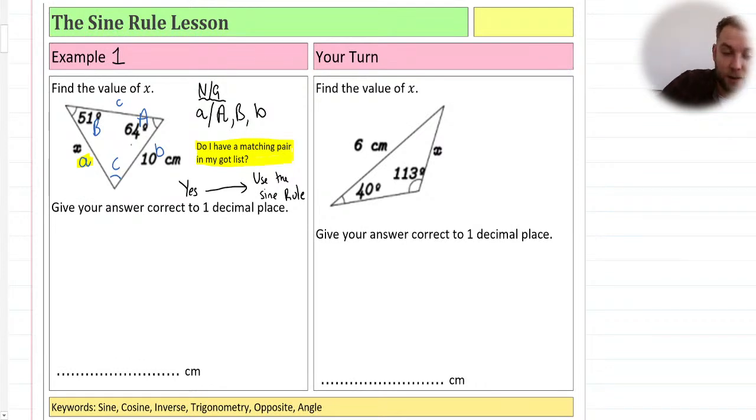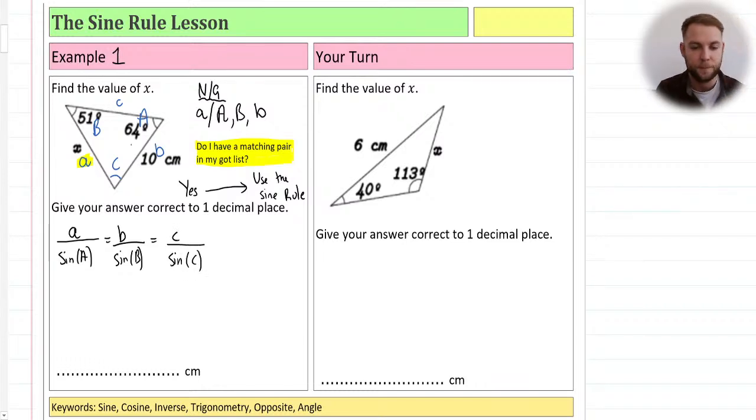So I'm going to write it with the lowercase a on top. So it's going to be a over sine of capital A is equal to b over sine of capital B is equal to c over sine of capital C. And then I substitute in everything I've got.